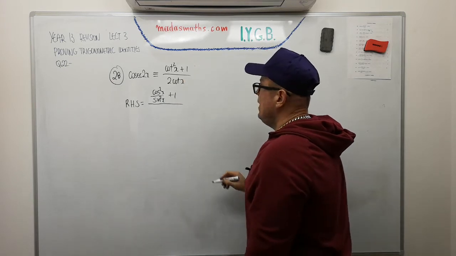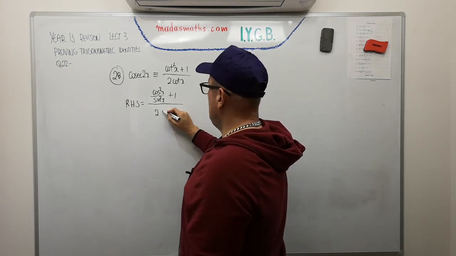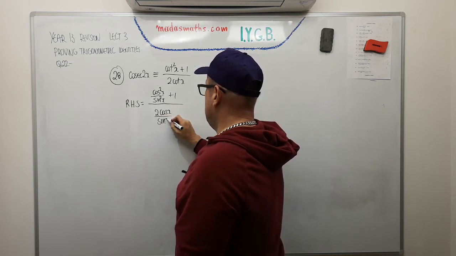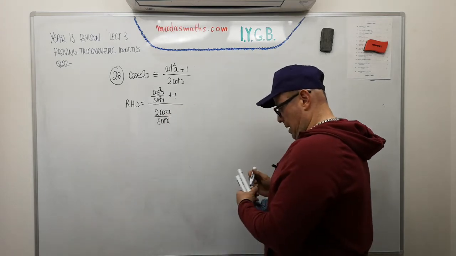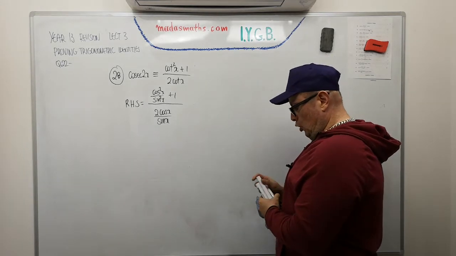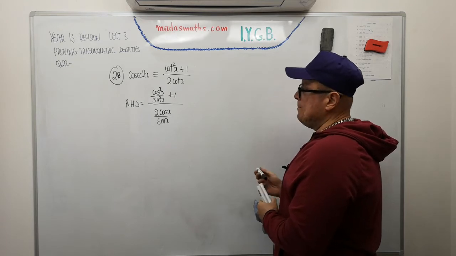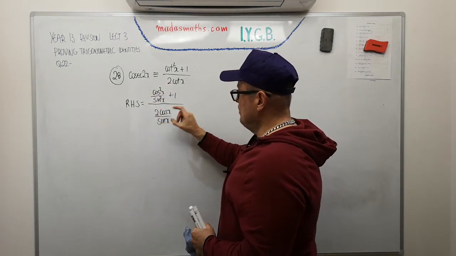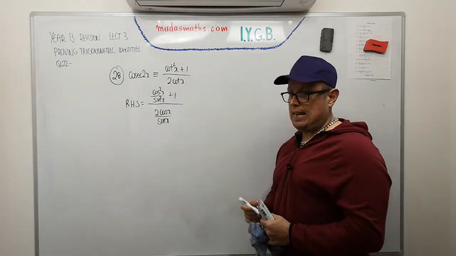That's the numerator. And the denominator is 2 cos x over sine x. I'm going to clear that on the next line by multiplying top and bottom by the same quantity. I've got 1 lump, 2 lumps, 3 lumps, all to be times by the same quantity.